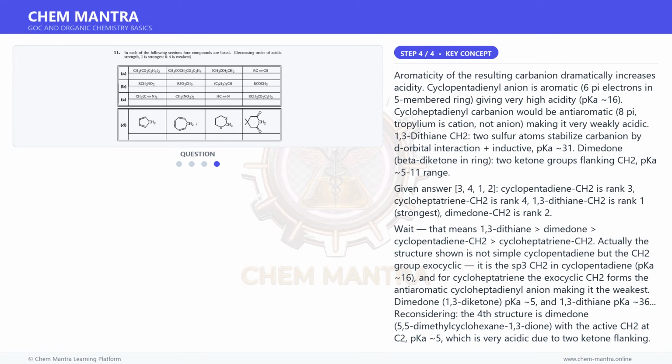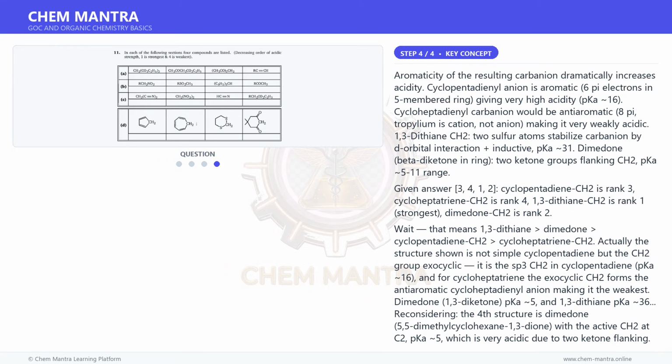Wait, that means 1,3-dithiane, dimedone, cyclopentadiene CH2, cycloheptatriene CH2. Actually, the sp3 CH2 in cyclopentadiene has pKa about 16, and for cycloheptatriene the CH2 forms the antiaromatic cycloheptatrienyl anion, making it the weakest.